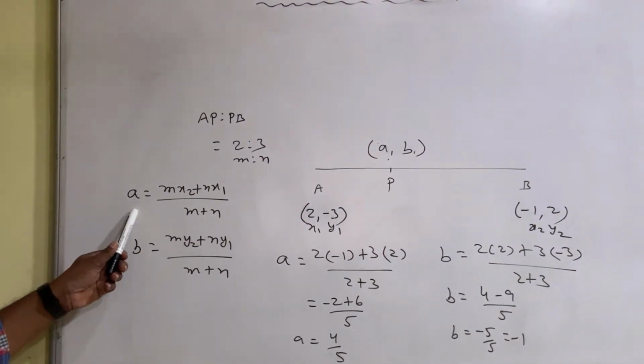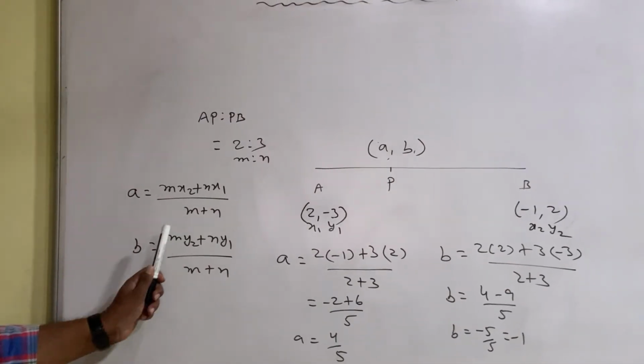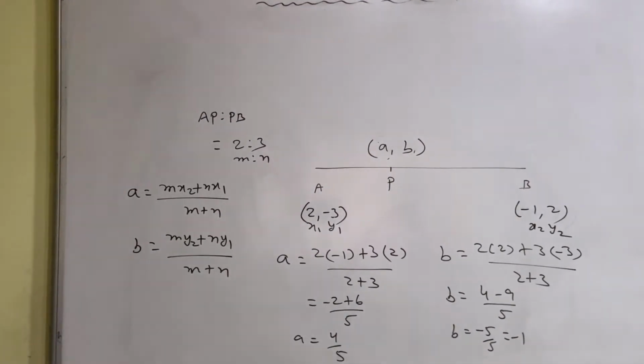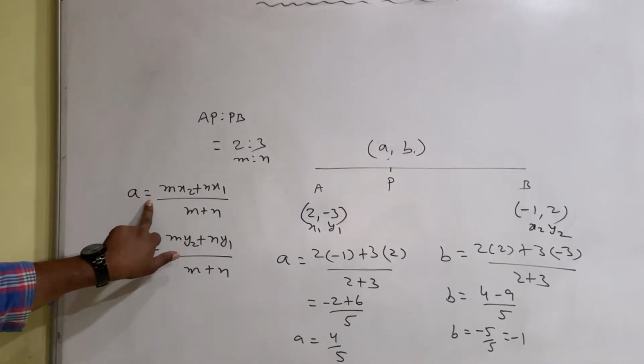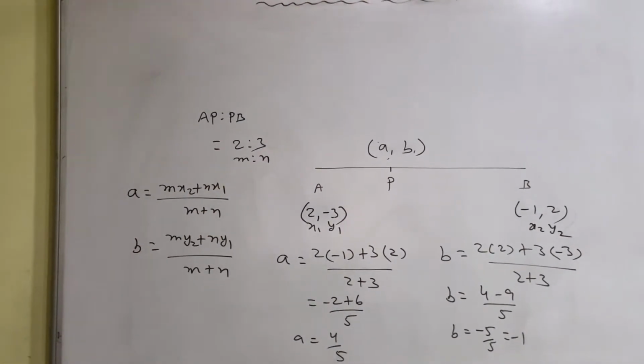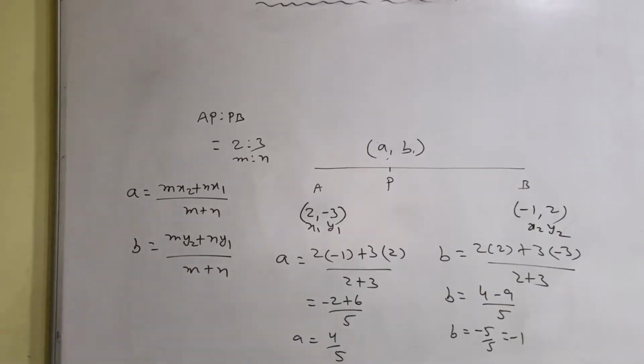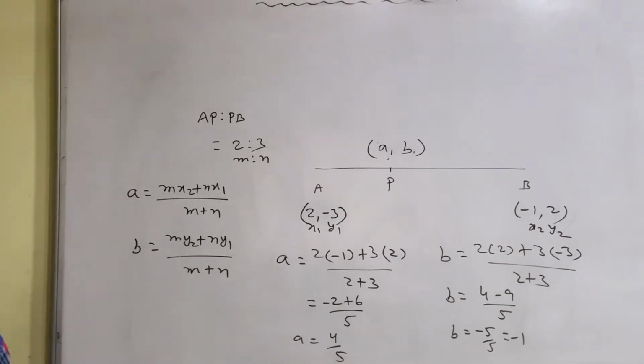To find out A, this is the formula. To find out B, this is the formula. A is equal to mx2 plus nx1 by m plus n. B is equal to my2 plus ny1 by m plus n.